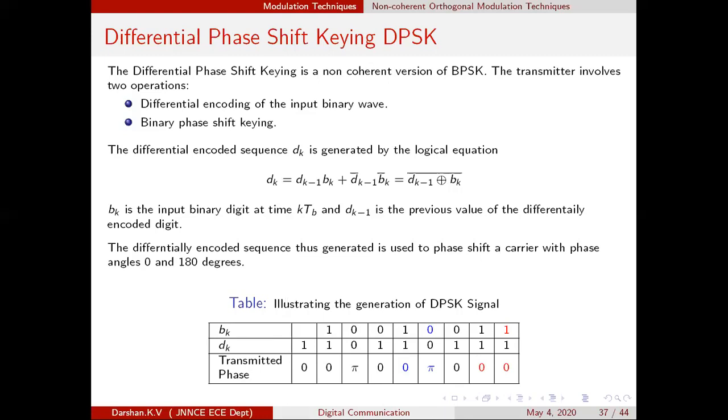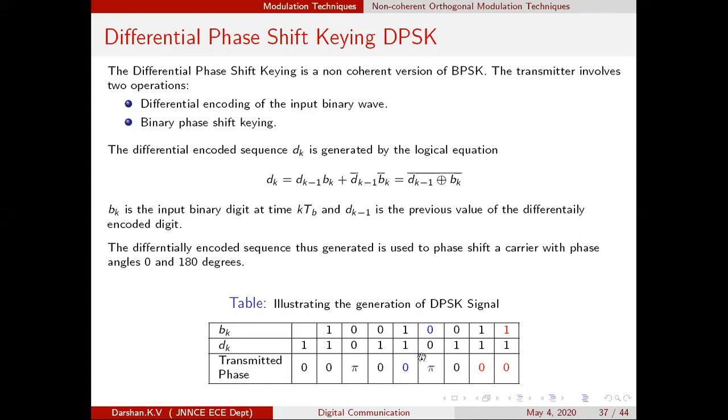But how are you supposed to analyze the DPSK signal? Just observe the blue colored data, that is this 0. If you want to transmit 0, what are you supposed to do? You check what the phase of the carrier was in the previous instant. Initially, you should know the phase of the carrier.